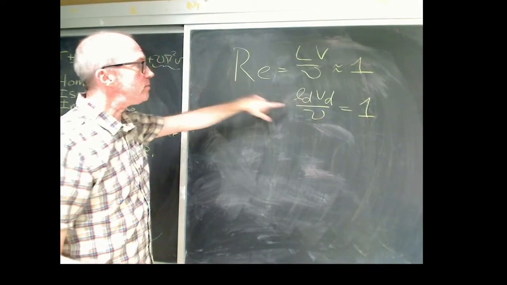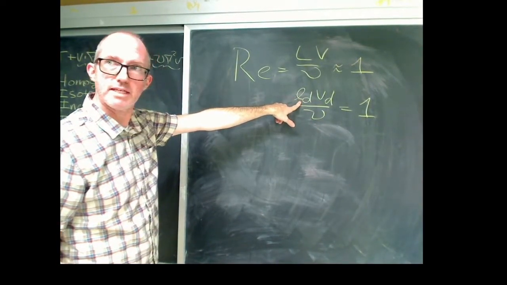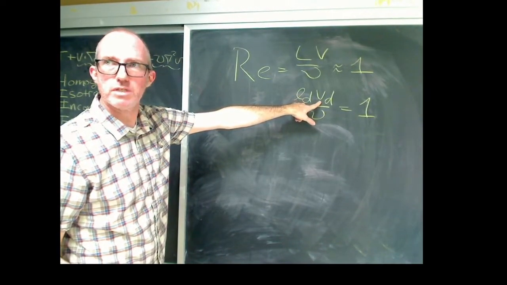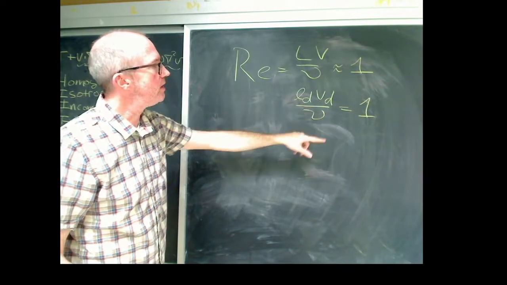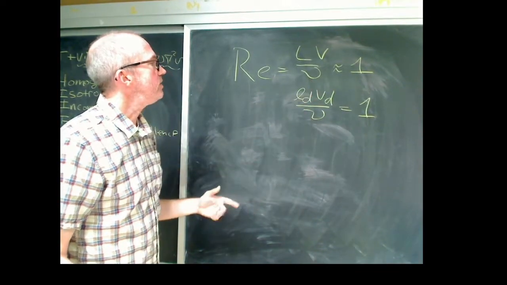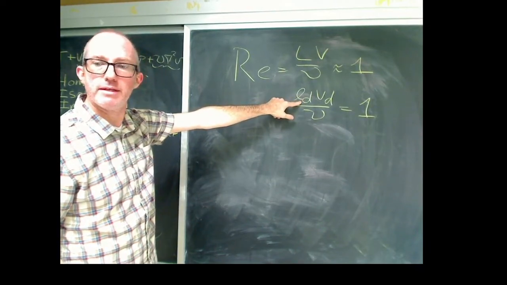So there's some small velocity and some small size structures, such that dissipation wins. So we need to figure out what L_D is. What's the dissipation length?